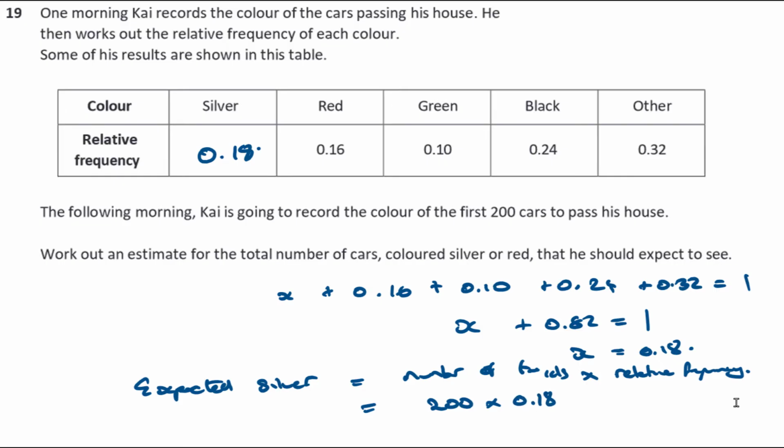So multiply those two together. That comes out to be 36. And then expected red cars, it's going to just be 200 times 0.16, which is going to be 32 cars.